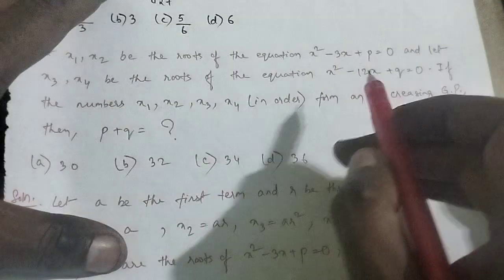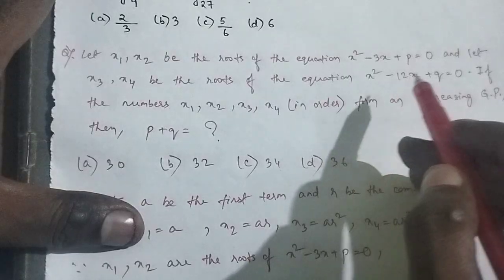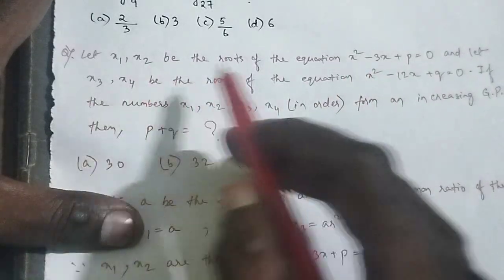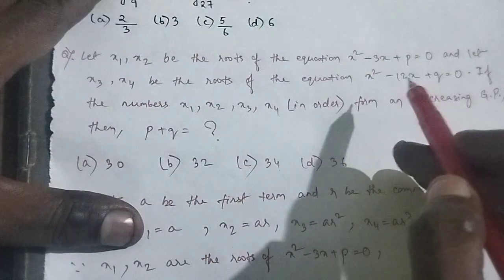Again in the question it has been said that x1 and x2 were the roots of this equation and x3 and x4 are the roots of this equation.